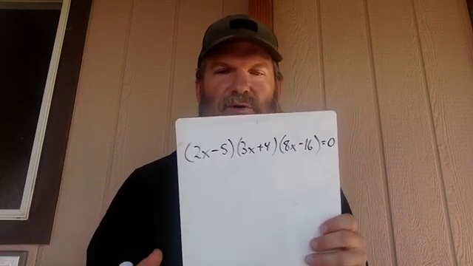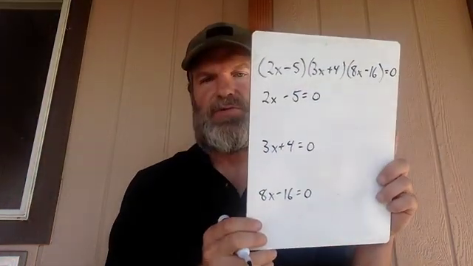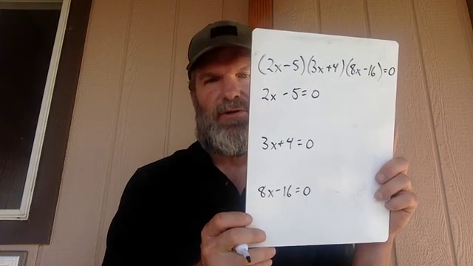So now you set each one of these parentheses separately equal to 0. So you have 2x minus 5 equals 0. You also have 3x plus 4 equals 0. And finally, you have 8x minus 16 equals 0. So you have to solve each one of these separately. So in the first one, you add 5 and divide by 2, and you get x is equal to 5 over 2.